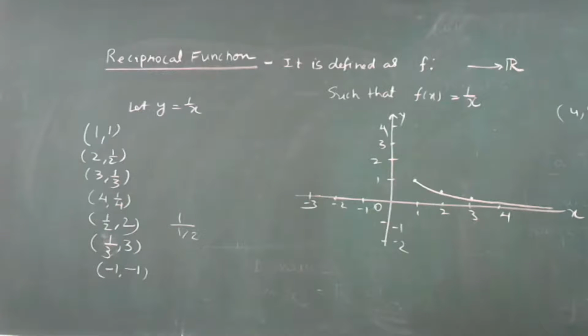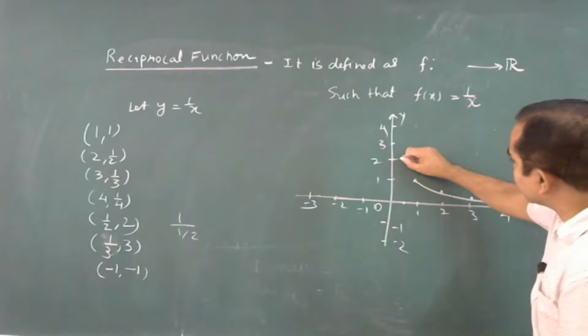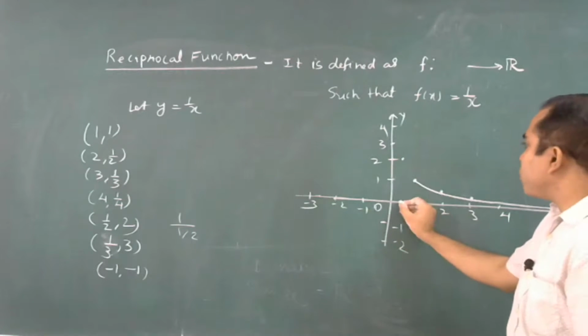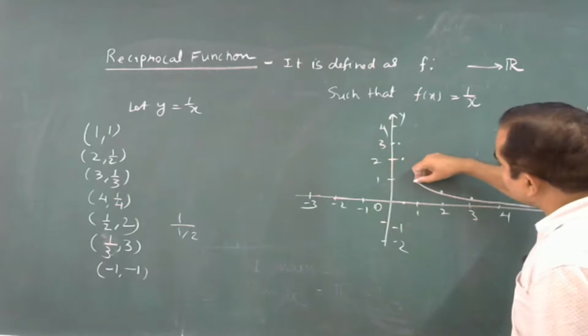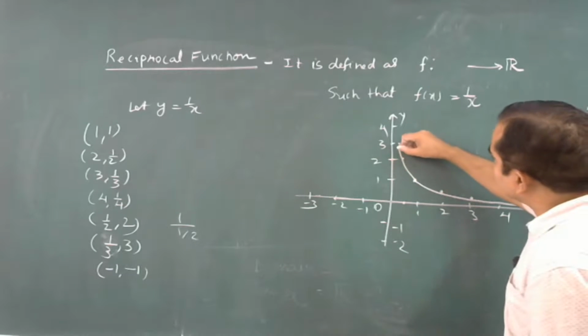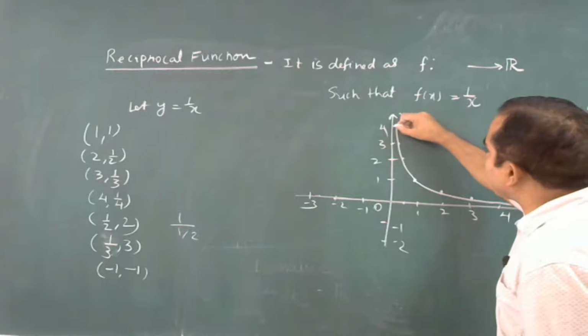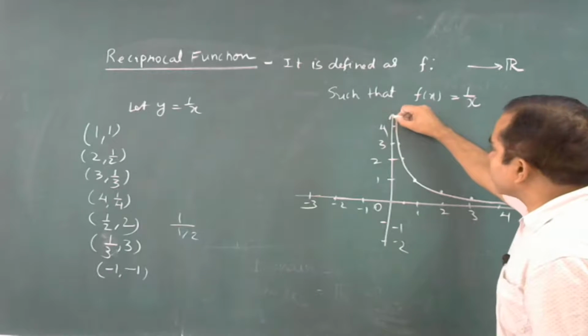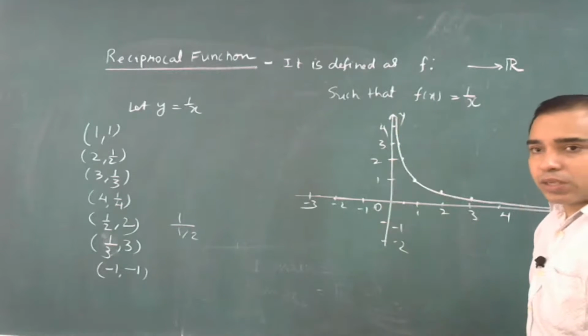Okay, nice. Now between 0 and 1, for 1 by 2 the image is 2. 1 by 2, 2, this is to be darkened. For 1 by 3 the image is 3, this is to be darkened. So I think here also we are getting the trend. This part of the curve will become closer and closer to the y-axis, right?